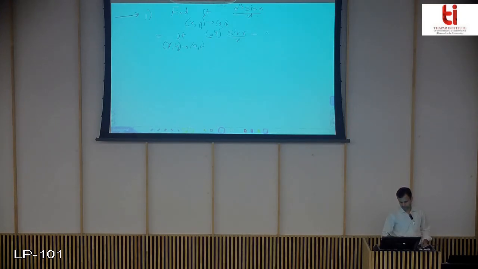So this is the limit of e^y as y tends to 0, times the limit of sin x upon x as x tends to 0, because the other function has only the x variable. So this is e^0, which is 1, and the limit of sin x upon x as x tends to 0 is 1. So you get this limit, and this is finite and unique. So the limit exists.